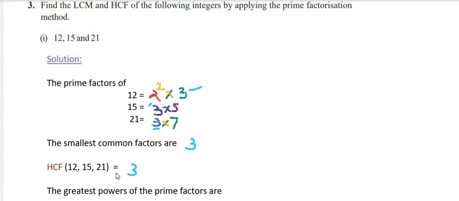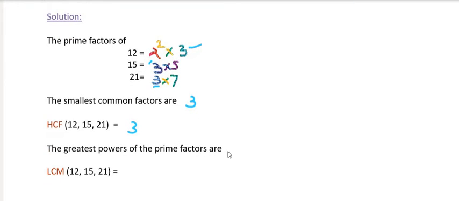Next we are going to find out the greatest powers. We have written all the factors of the three numbers. So from that we are going to take the greatest powers of prime factors. So what are the greatest powers of prime factors? You can write it as 2 square, and 3 is common for all the terms, so you can write 3.